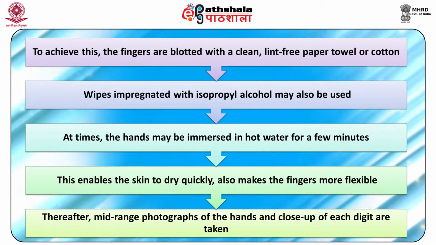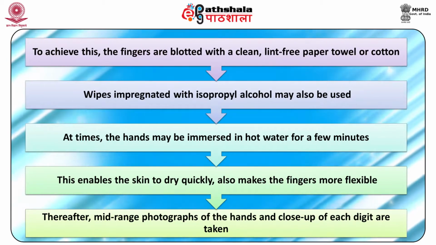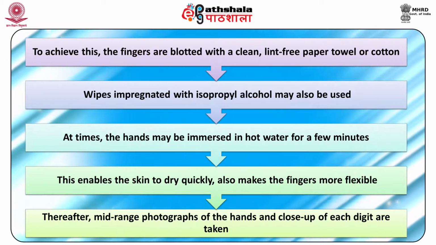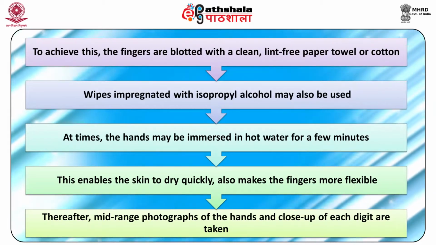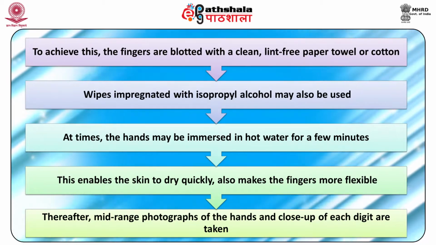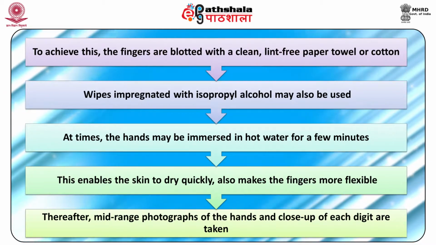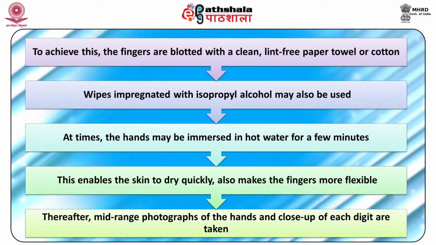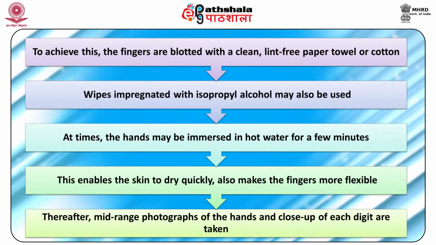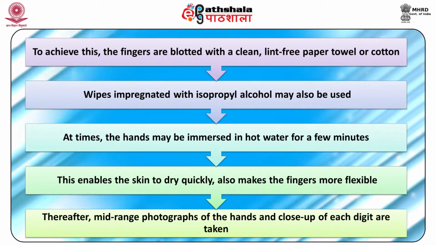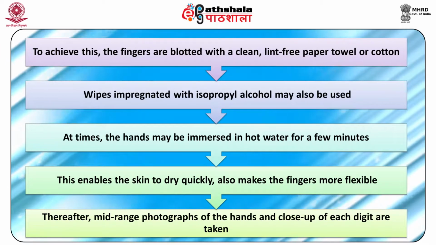This not only enables the skin to dry quickly, but also makes the fingers more flexible. Alternately, a hair dryer may be used to eradicate moisture on the fingertips. Thereafter, mid-range photographs of the hands and close-ups of each digit are taken.